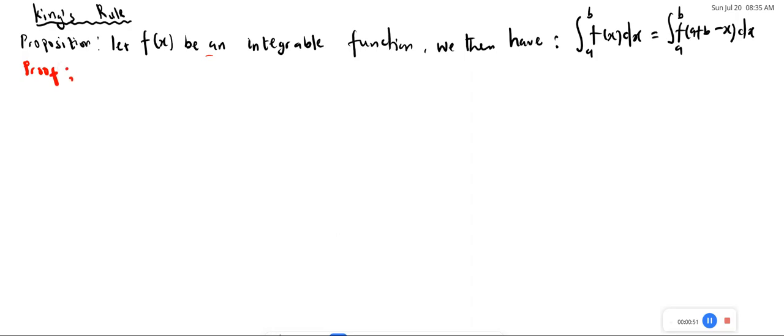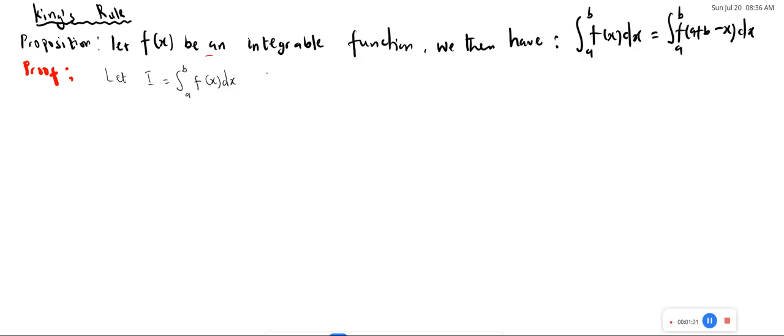All right, so let's prove this. By proving this, we can let I be equal to integral from a to b f of x dx. Okay, so if I equals integral from a to b of f of x dx, now we can also make some substitution here.